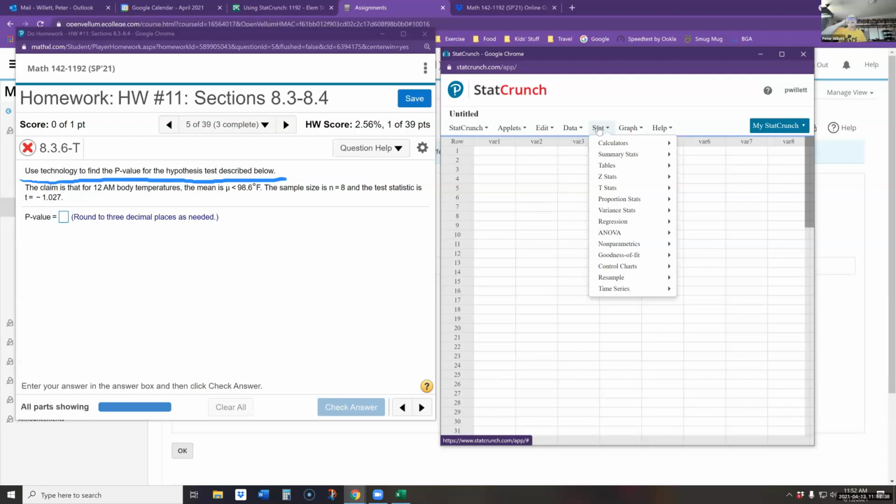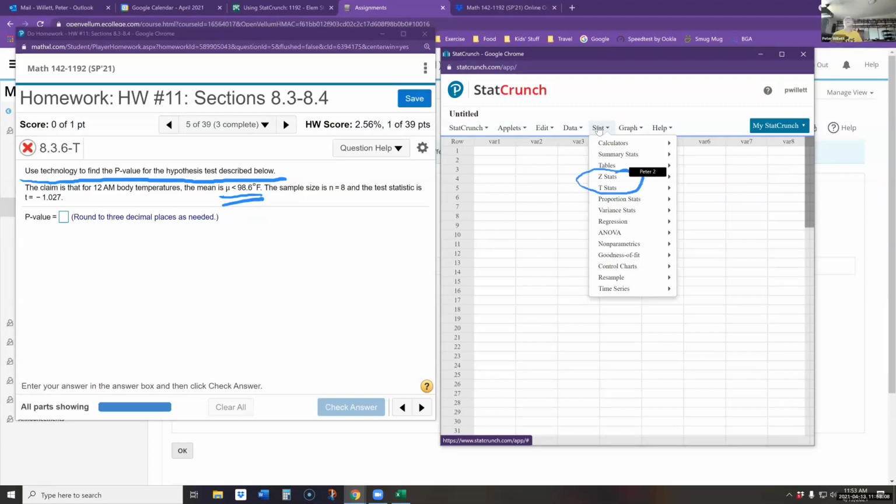What kind of a parameter are we investigating for this problem? They give us the t-stat to work with. That's the distribution, right? And it also states right in the problem, the claim is about the mean. So when the claim is about the mean, you're going to use one of these two.